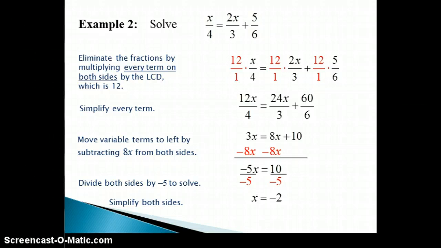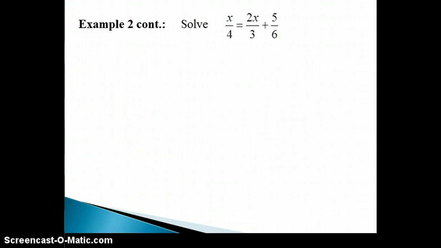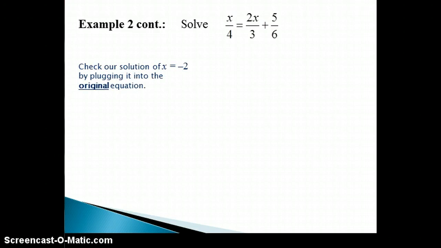Now recall that if we obtain a single solution to a linear equation, we can always check to see whether the proposed solution is truly a solution to the original equation. So let's check to see if x equals -2 is a solution to this equation. We do this by plugging x equals -2 in place of all the x's in the original equation.